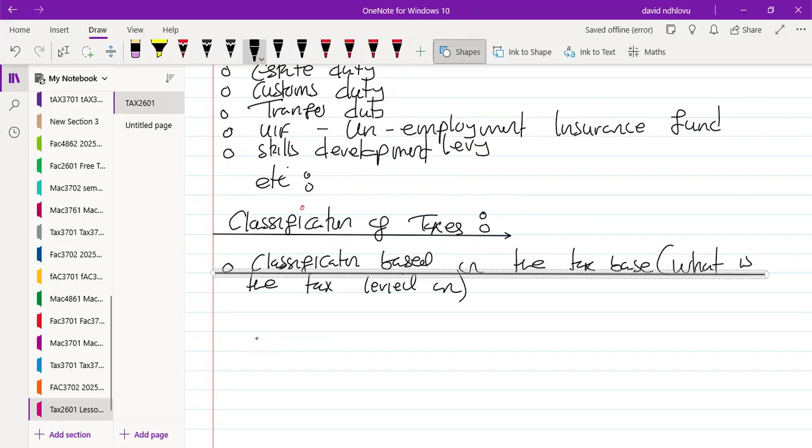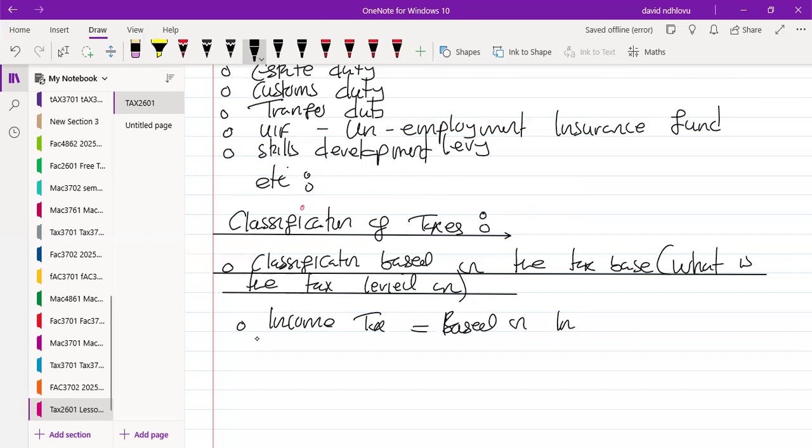So in this characterization, we have taxes that we call income taxes. We already highlighted some of them. These are based on income earned.